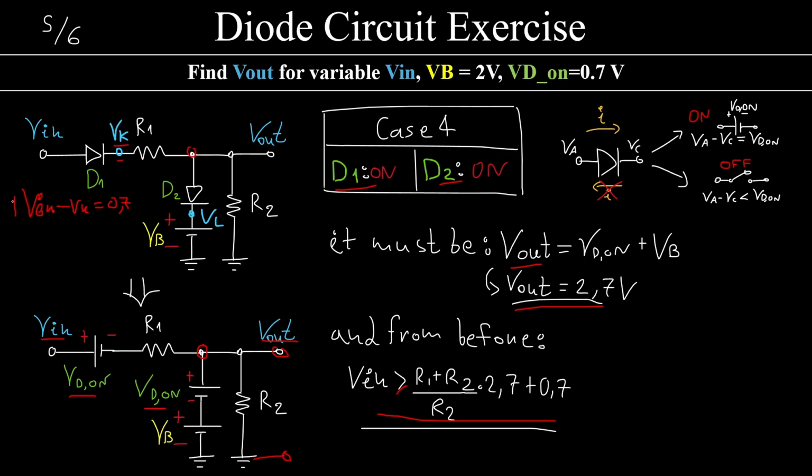However much Vin is increasing, Vk will also increase to uphold this condition. As long as Vk increases, that would change the current that flows like this. However, the voltage here would always have to be 2.7.